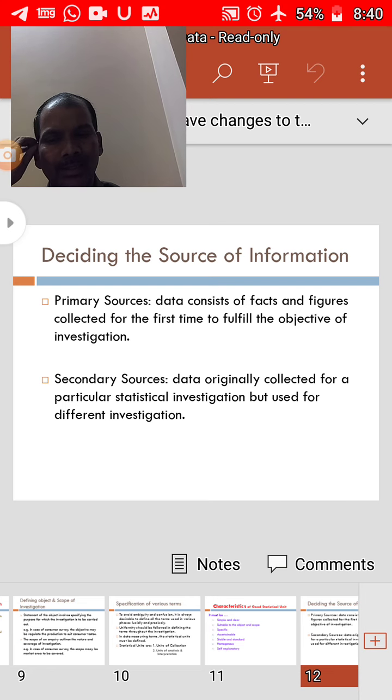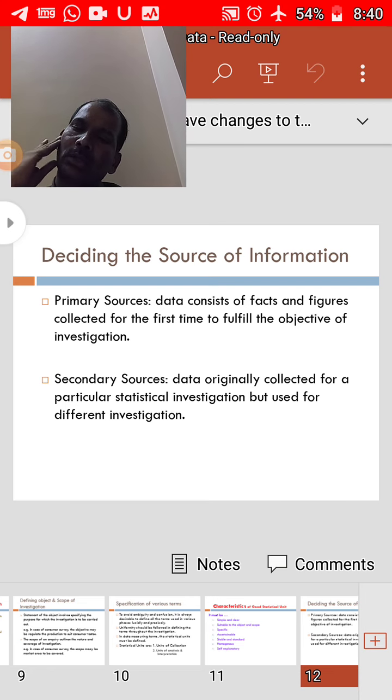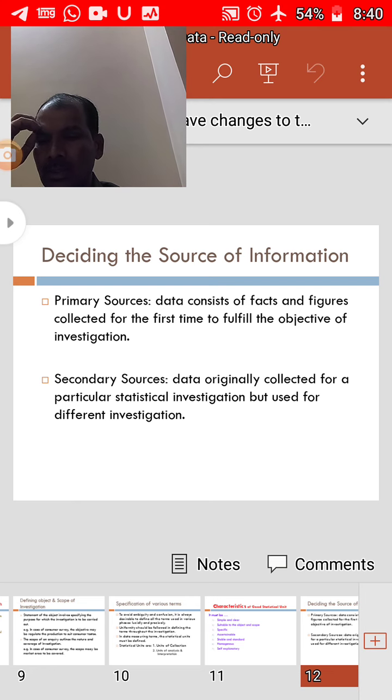Now we'll discuss what is secondary data. Secondary data consists of facts and figures originally collected for a particular statistical investigation but used for a different statistical investigation. Secondary sources include published and unpublished records.